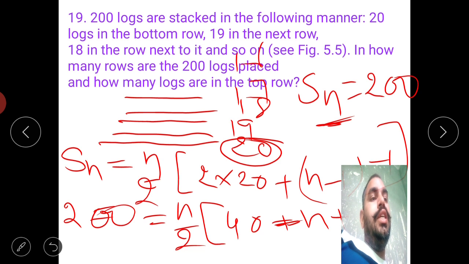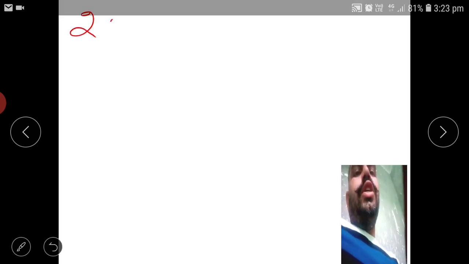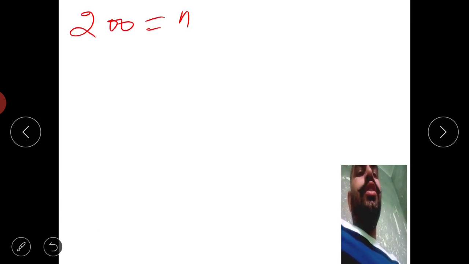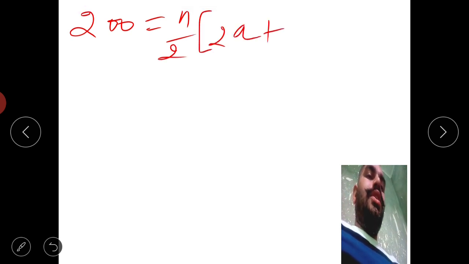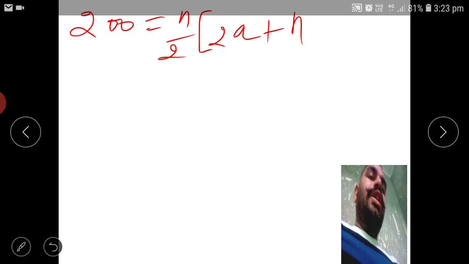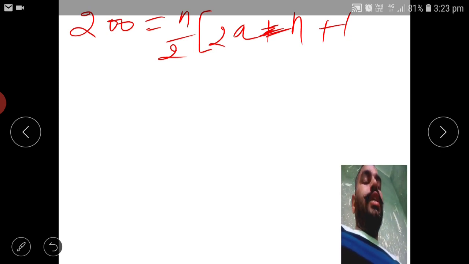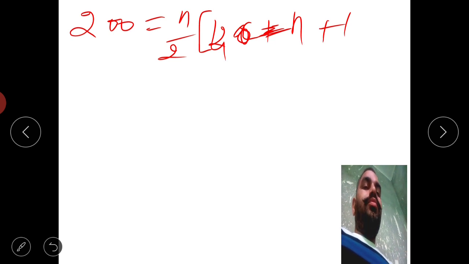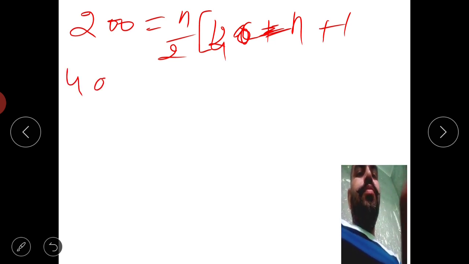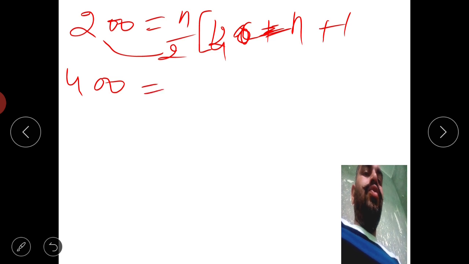So 200 is equal to n by 2 into 2a plus minus n plus 1. Got it or not? A is 20, so this is 40, and this 2 is transposed to this side, so 400 is equal to 40 plus 1, that is 41n minus n square.